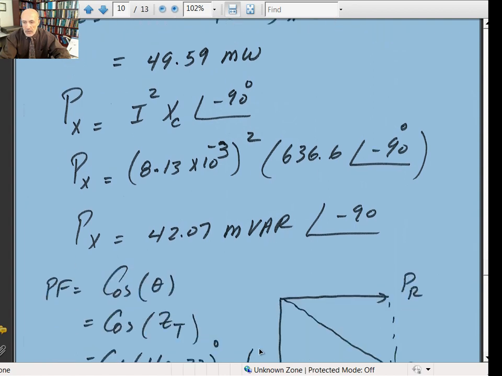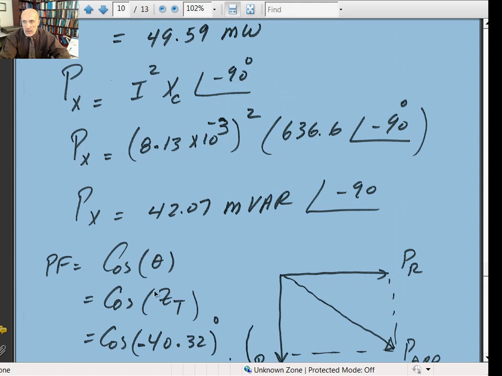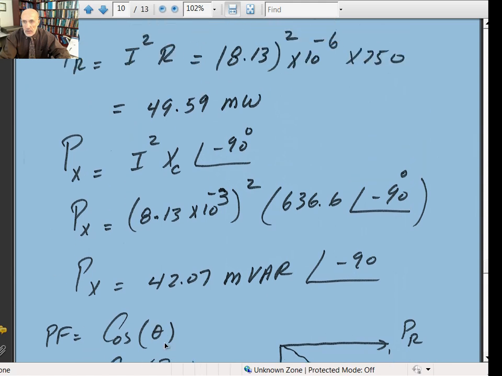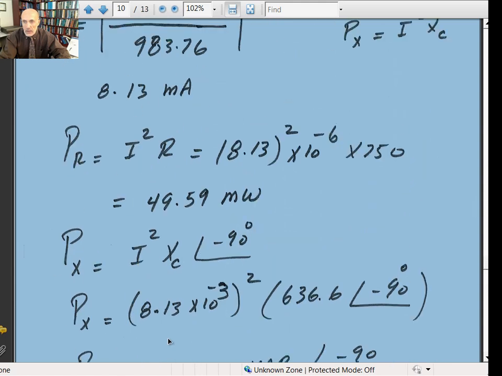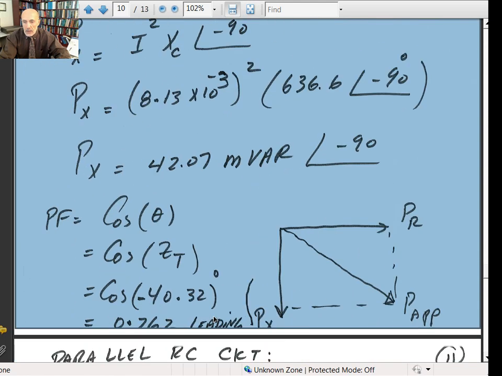And if you need to calculate the power factor, we take the cosine of the angle of the impedance, which was minus 40.32. Take the cosine of that, it gives you 0.67 power factor, and that's called a leading power factor.